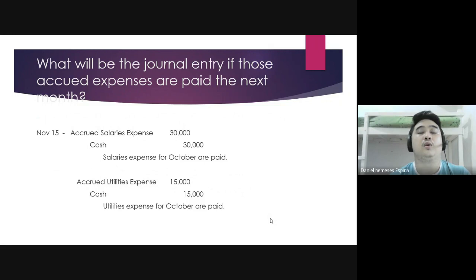Or if it's through check, you credit cash in bank. However, if you cannot specify or you do not know whether it's cash on hand or cash in bank, you may use the term cash because it already encompasses all the cash transactions.